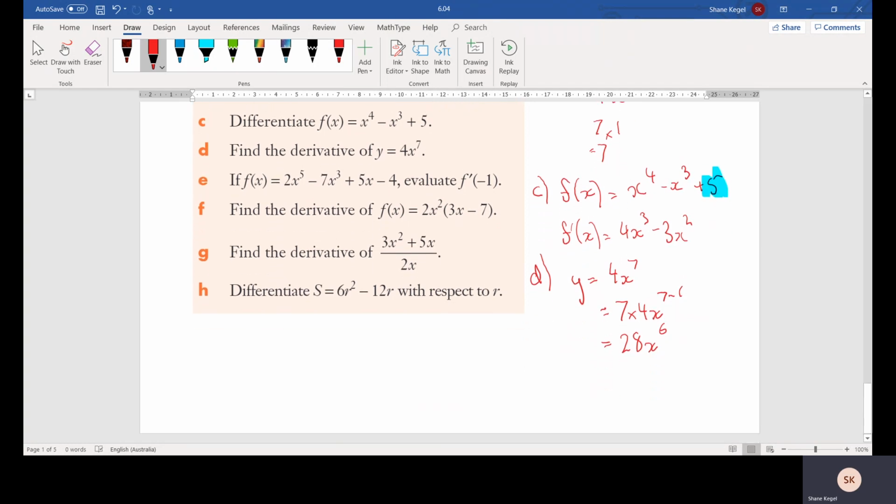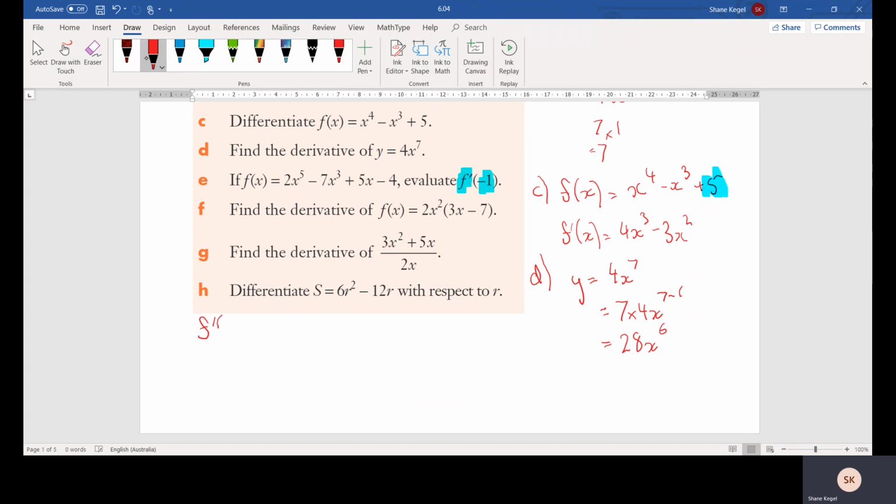Part E here. So we're given a function that's asking us to evaluate the derivative function when x equals -1. So this is going to be a 2-step question. First of all, we need to find the derivative function, and then we need to sub -1 into that function. So first, let's find the derivative function. I'm given f of x there, so I'm not going to write it again.